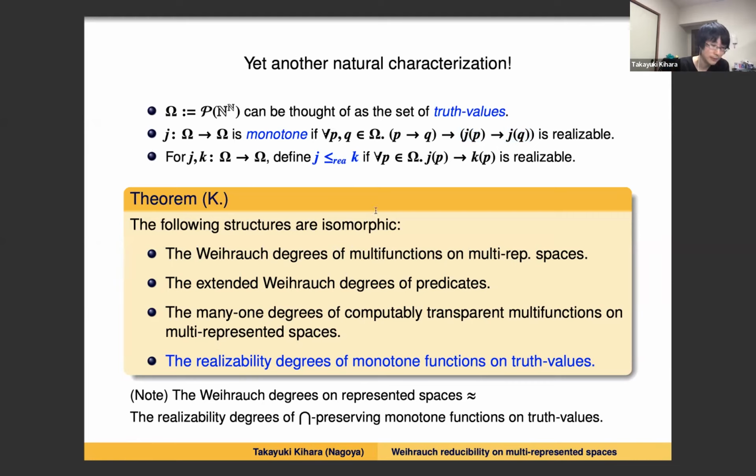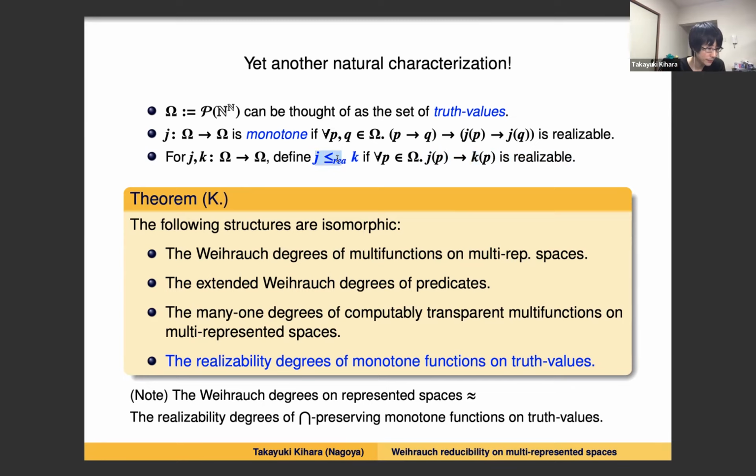Now let's introduce a preorder on these monotone functions. We say that J is less than or equal to K if for any truth value P, JP implies KP is realizable. This means that there exists a computable function that transfers an element of JP to an element of KP, and that computable function does not depend on P. We call this order the realizability order.